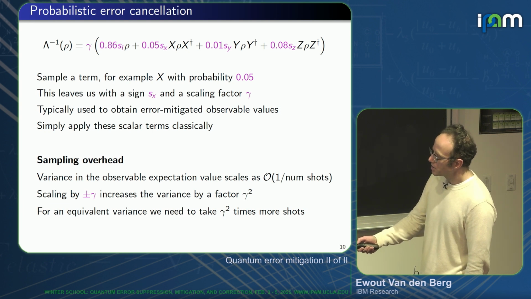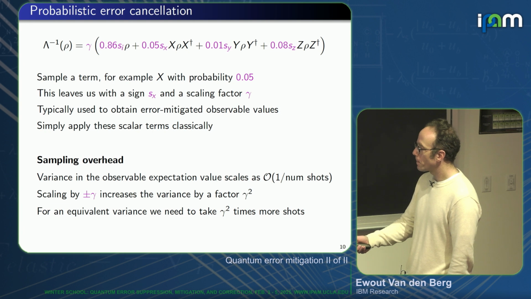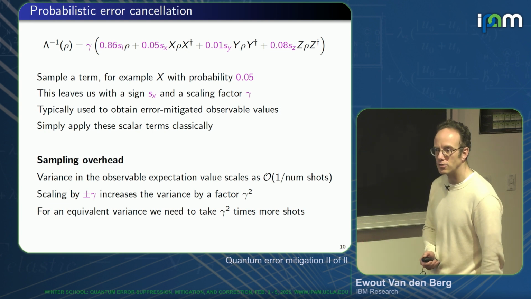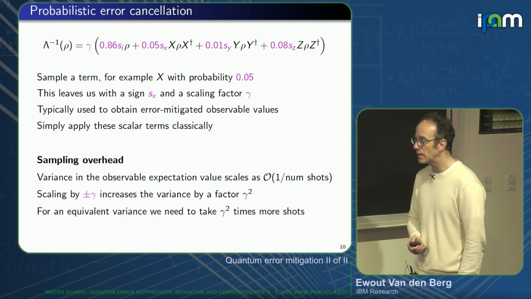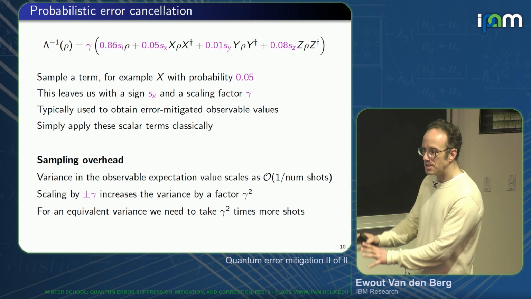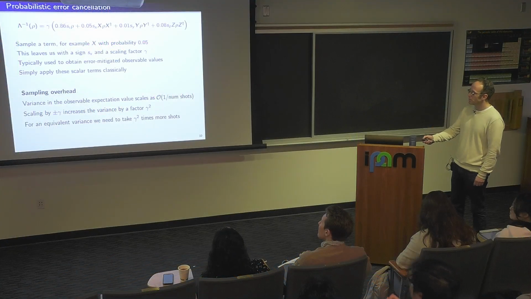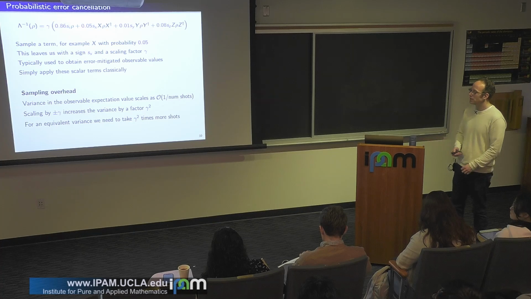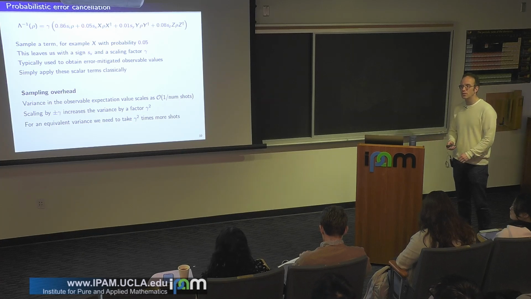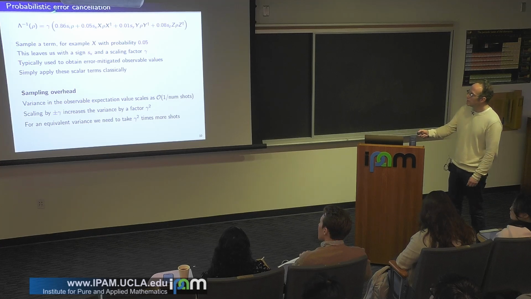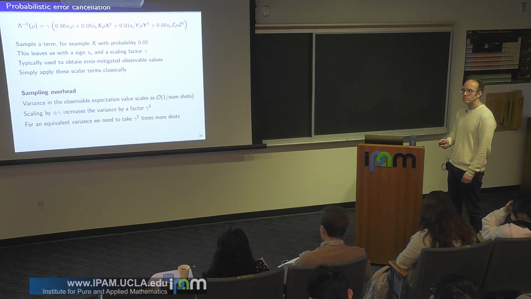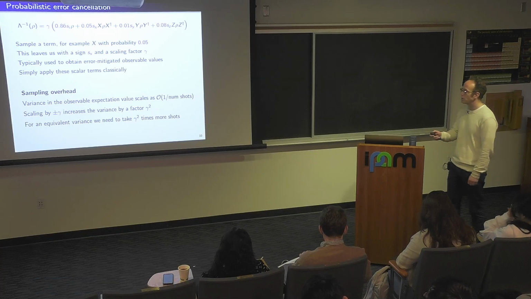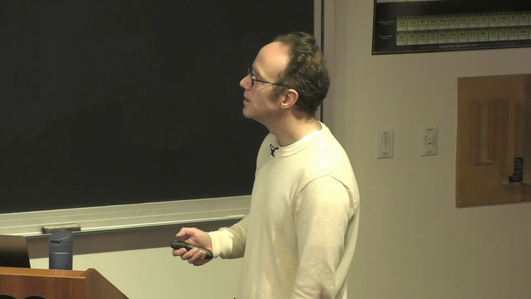But if you then scale by plus or minus gamma, you increase the variance by a factor of gamma squared. And to get this back to the original level based on the number of shots, you need to take gamma squared times the number of original shots. So that's the cost you pay for inverting this map, just to get around the non-physicality.